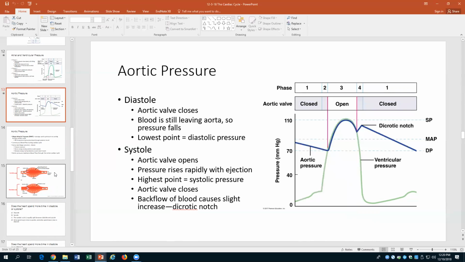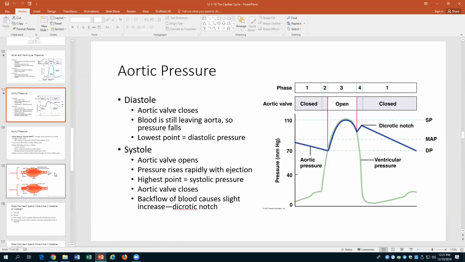Now, when the semilunar valves are open during systole, the pressure in this vessel is going to be high. Start right here, it's going to be high, this is systole, and then it's going to drop off as that blood goes out into the systemic arteries. When that pressure is its highest, we call that systolic pressure.